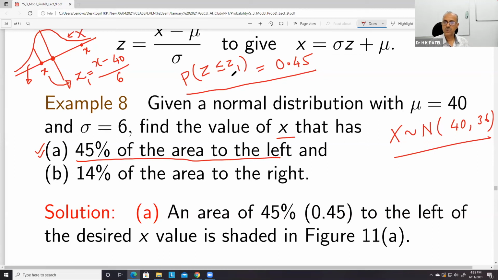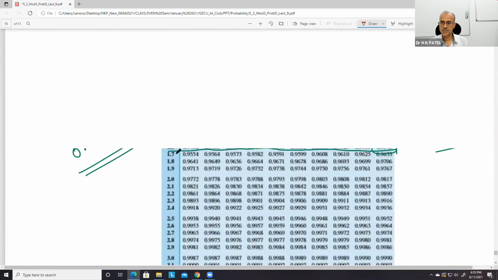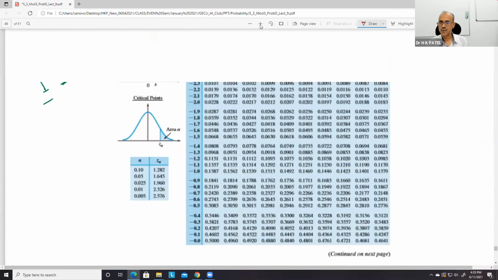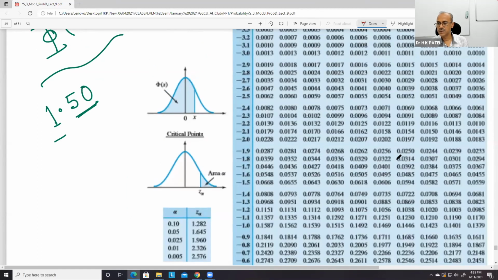Now we have to find the value of Z1 from the normal table. In the reverse problem, you have to write this probability in 4 digits, up to 4 decimal places, because you can see that all the numbers here are up to 4 decimal places.